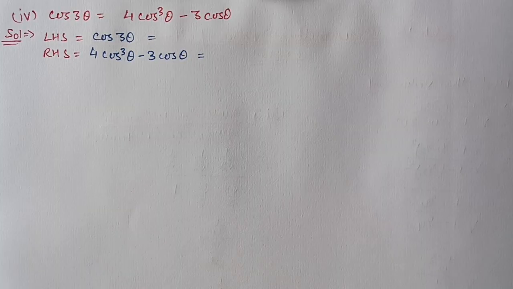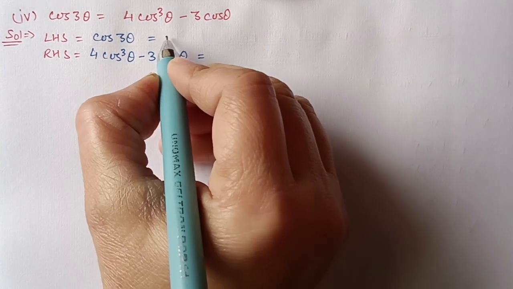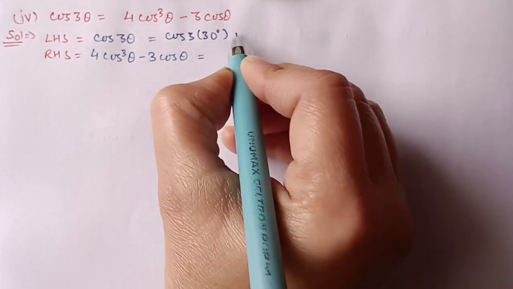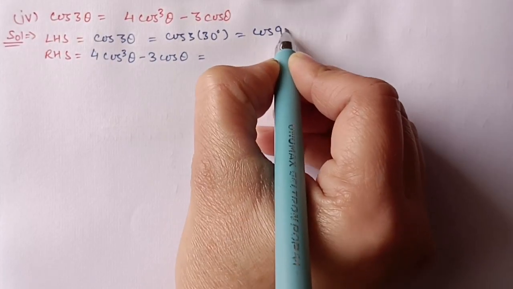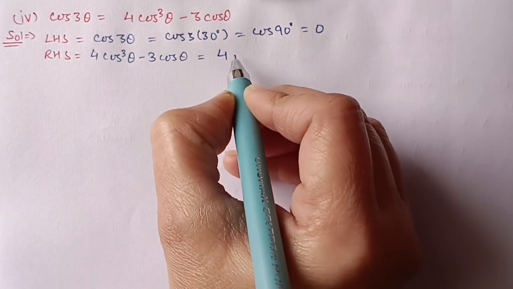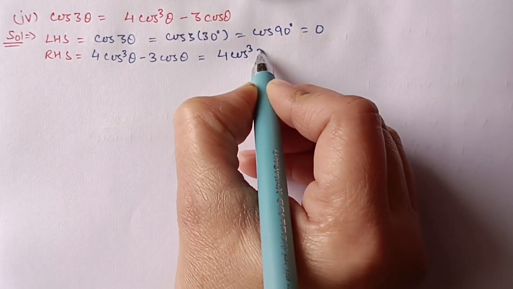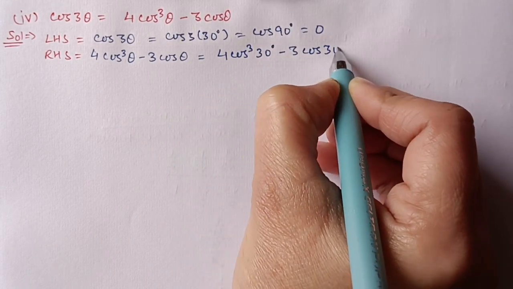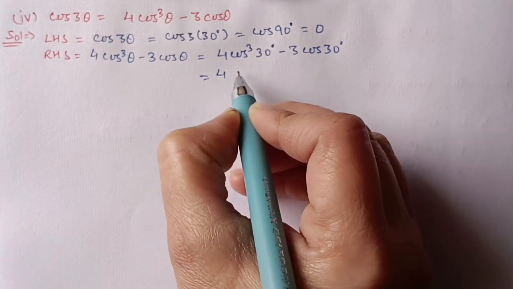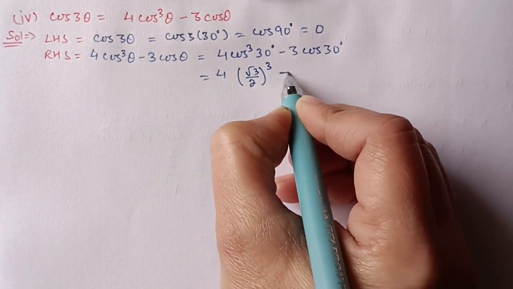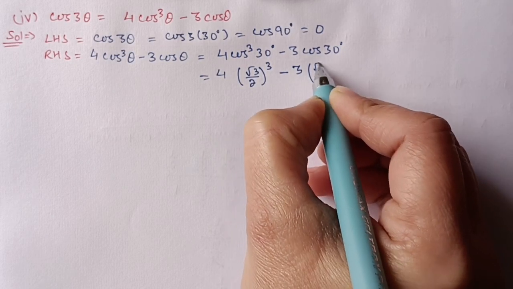Next, fourth part: cos 3 theta is equal to 4 cos cube theta minus 3 cos theta. Substitute value: cos 3 into 30 means cos 90, and cos 90 value is equal to 0. Right side, 4 cos cube 30 minus 3 cos 30. Cos 30 value is root 3 by 2 whole cube, minus 3 root 3 by 2.